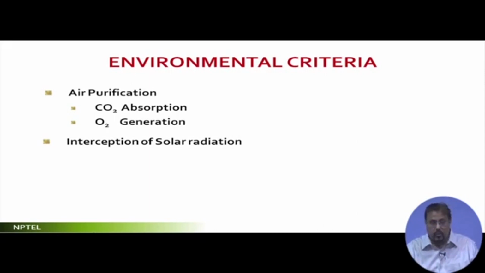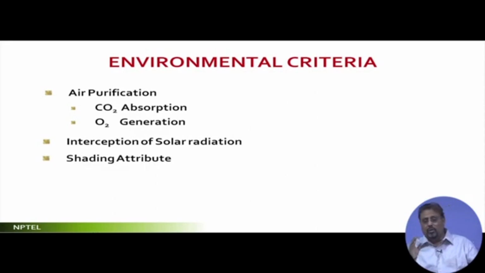My research is going on in this particular area as well. Shading attributes: not only intercepting, but how much it is intercepting, is also how much it is shading. That means the volume or the mass, how it is affecting the shading zones, matters. That is another shading attribute. Another thing you will find is that different plants or trees will have different kinds of leaf sizes and distribution in the whole foliage.